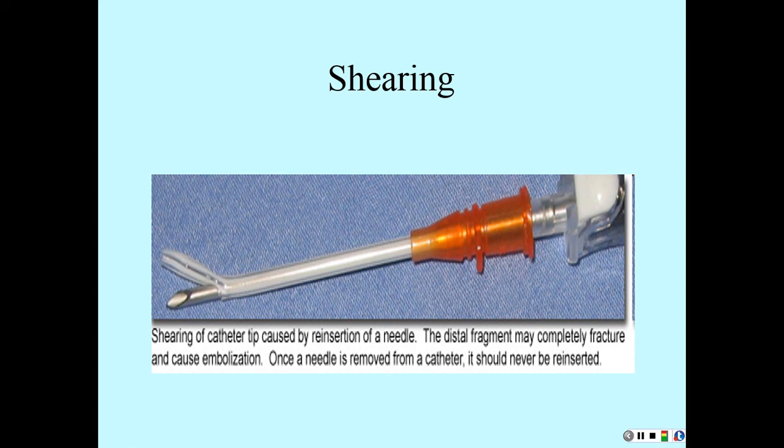If you try to advance your catheter and it won't go, and you stick the needle back in there, you can go out the side of your catheter. That can break off, and then you've got that floating around in the bloodstream. That's not good. So you never want to take your needle out and put your needle back in. Once you remove it, or even pull back a good bit, you can't push it back in there.